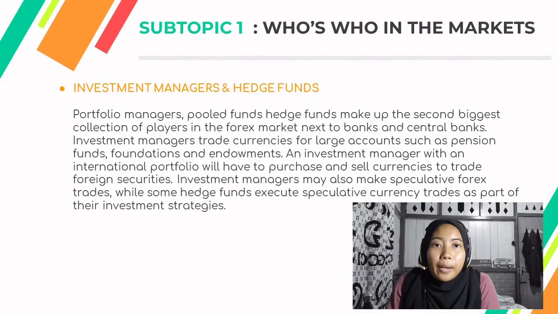Next, the second player is investment managers and hedge funds. Portfolio managers, pooled funds, and hedge funds make up the second biggest collection of players in the forex market, next to banks and central banks. Investment managers trade currency for large accounts such as pension funds, foundations, and endowments.